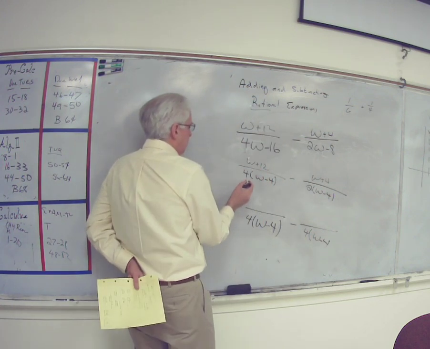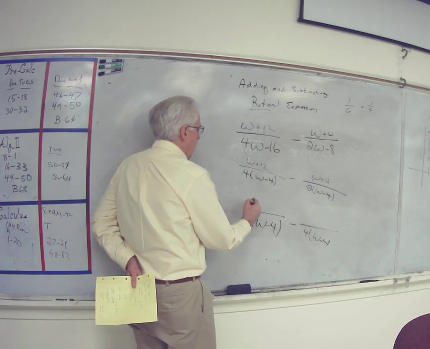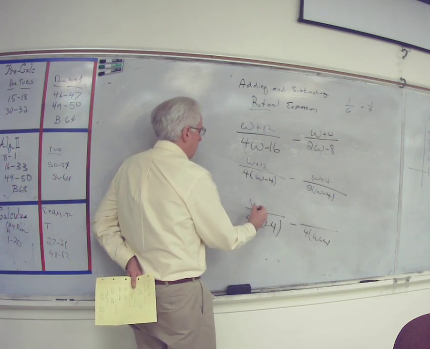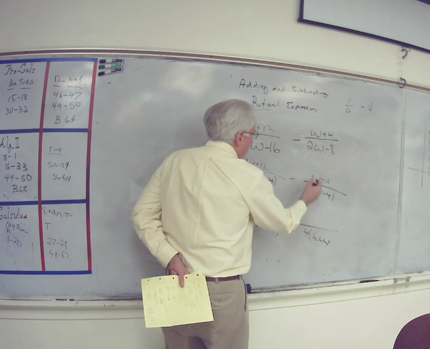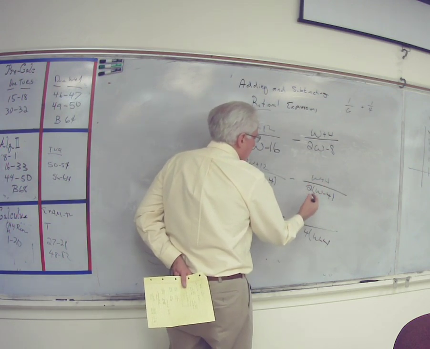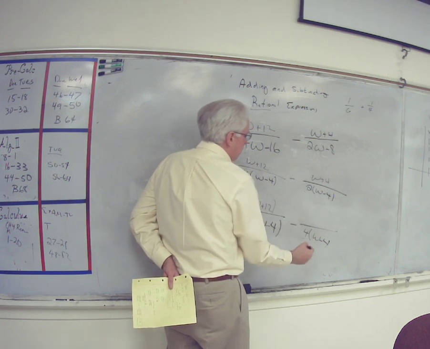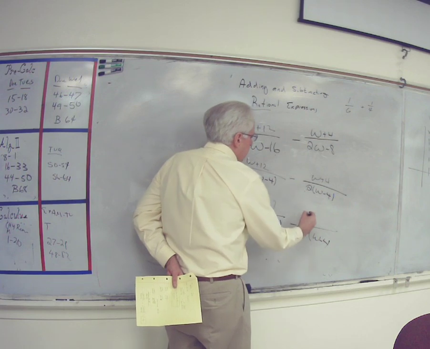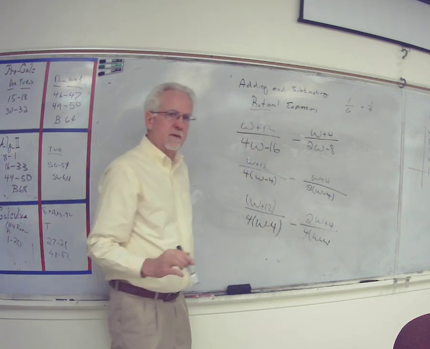Okay, what did I have to multiply this by to get this? 1. So what do I have up here? Just a w plus 12. Okay. Now, what did I have to multiply this by to get this, Jaden? So what do I have to multiply the numerator by? So that's 2w plus 4, right?